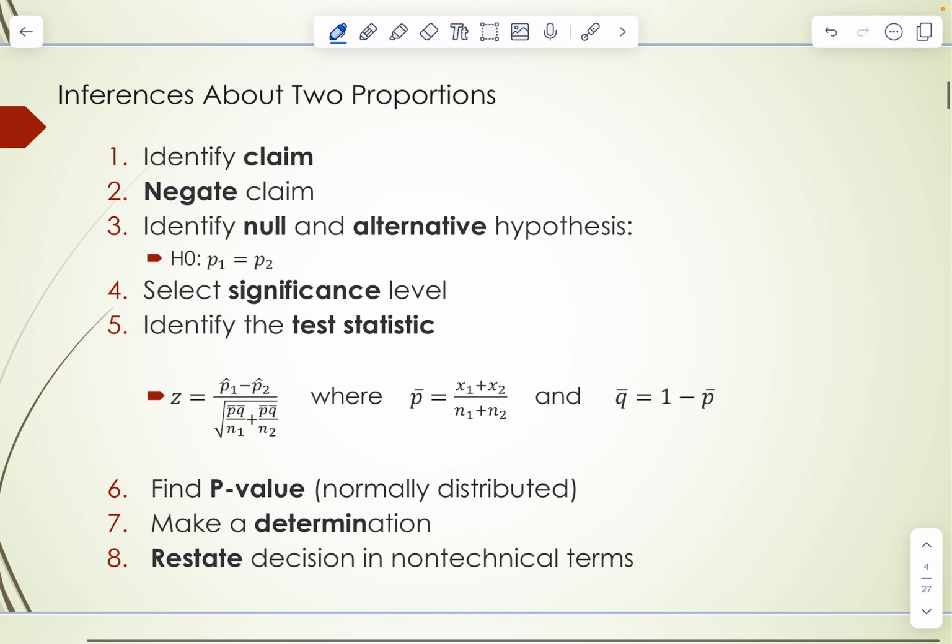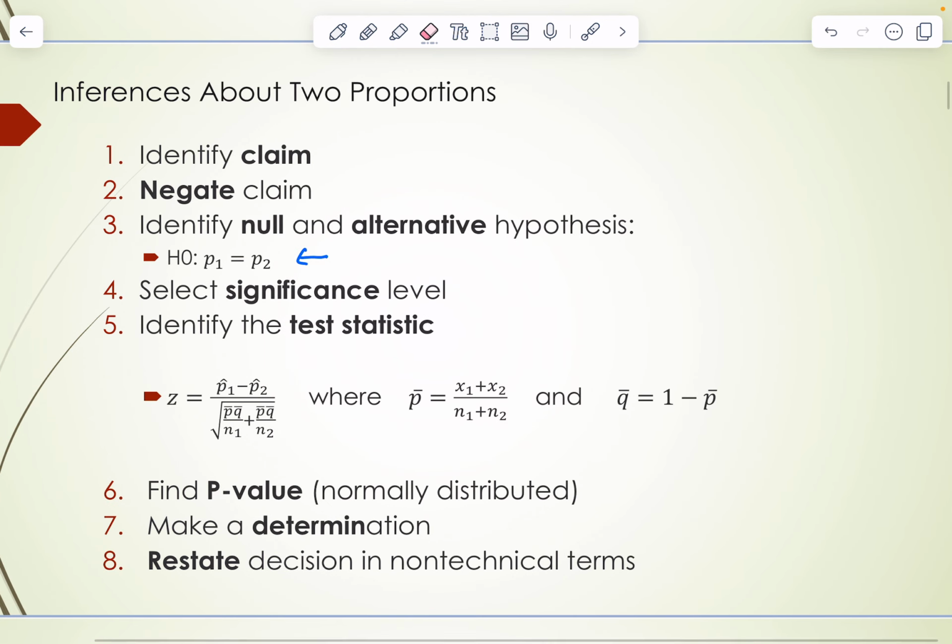Now, hypothesis testing follows the exact same framework. In fact, it's a little bit easier because the null hypothesis is always just going to be given to you here. All right, so to start off, we first identify the claim, and then we negate the claim, and then we choose a null and alternative hypothesis, and the null hypothesis will always be that they're the same.